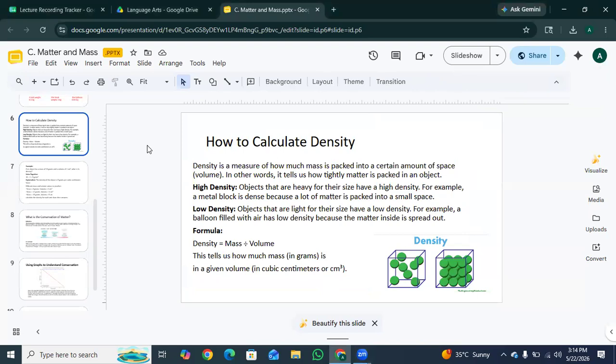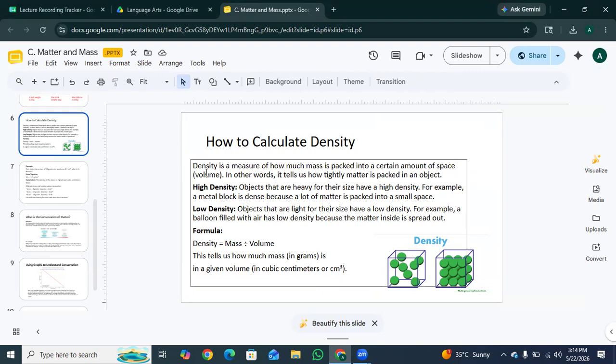Okay, so the next one is how to calculate density. As I have told you in the first slide, density is just a measure of how tightly packed the stuff inside an object is. Density is a measure of how much mass is packed into a certain amount of space. In other words, it tells us how tightly matter is packed in an object.